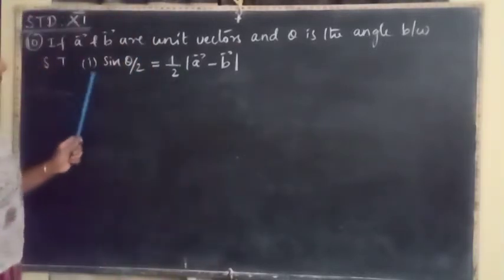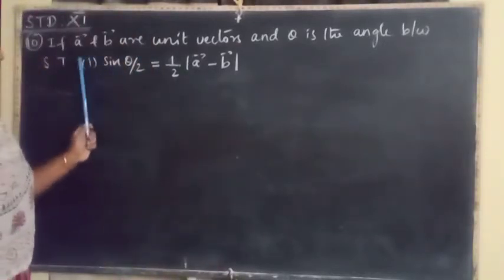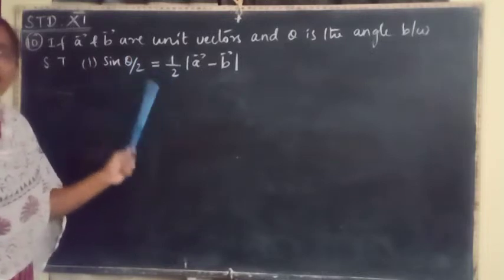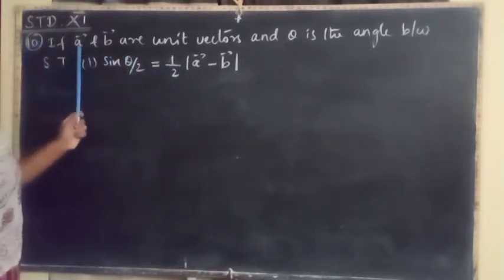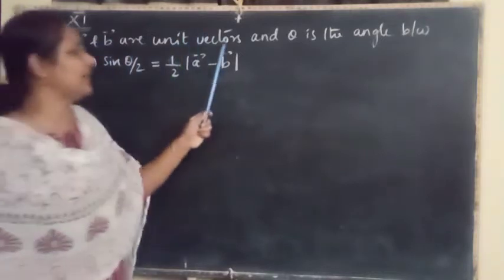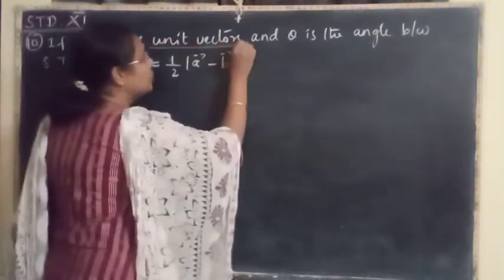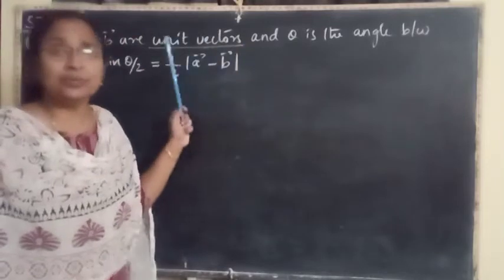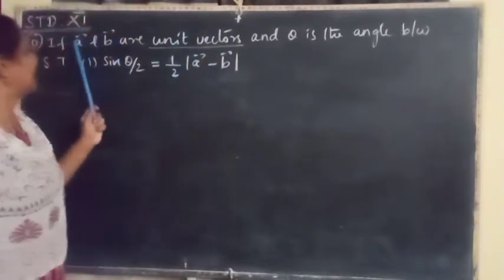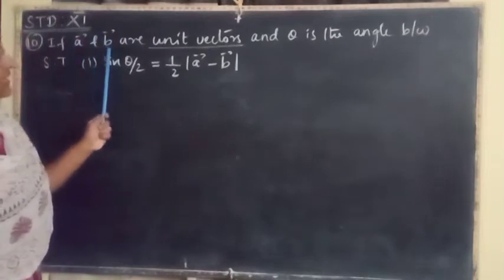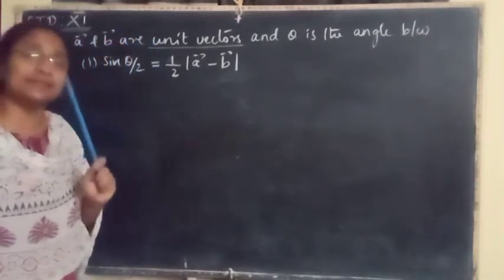Now, a very important sum. This is from the exam point of view. Please listen carefully. If A vector and B vector are unit vectors, what do unit vectors mean? Unit vector means the magnitude of A vector and B vector is unit, that is 1.